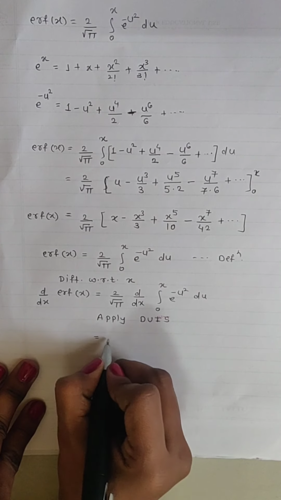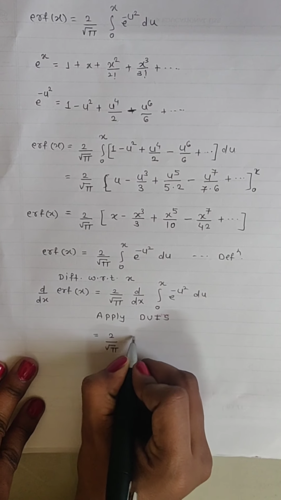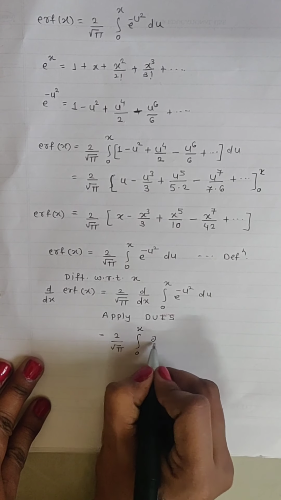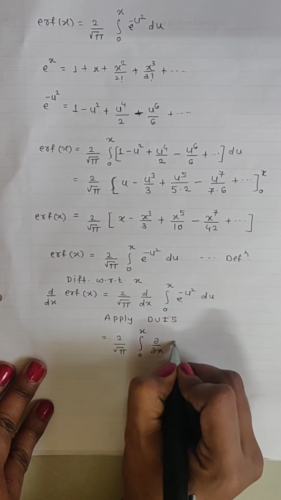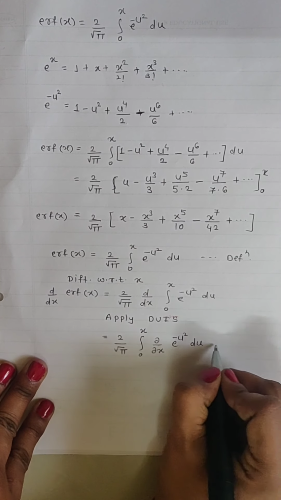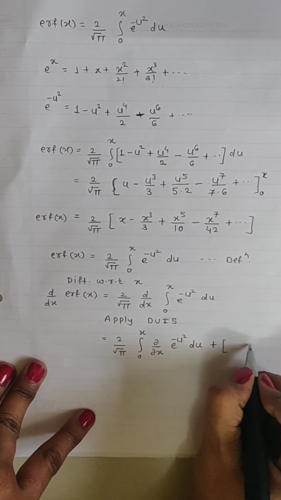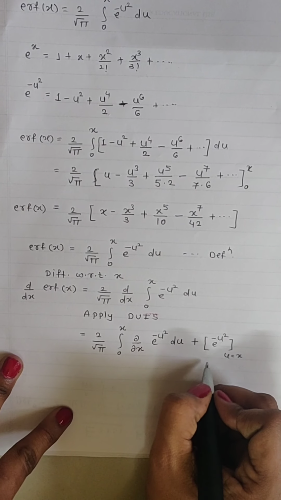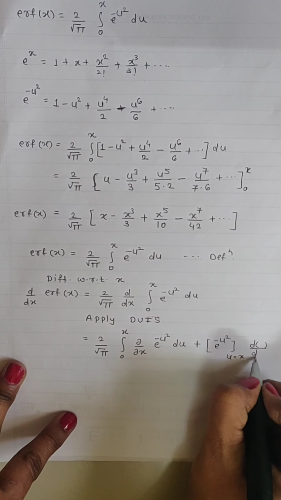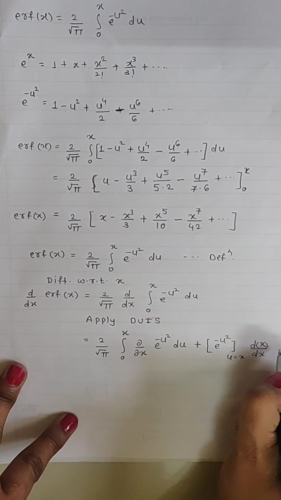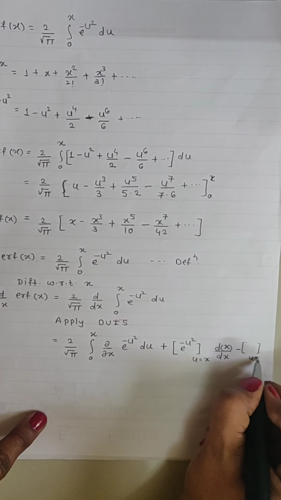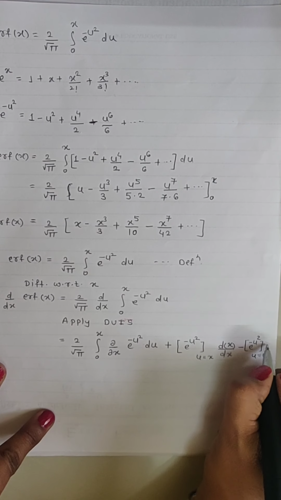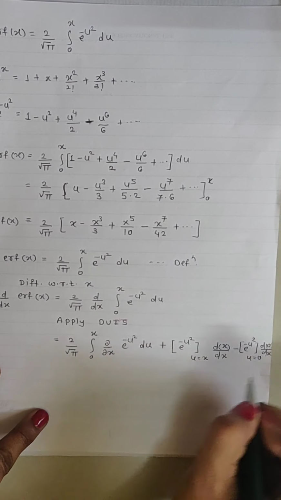According to this rule we can write 2 upon root pi integral 0 to x, where the derivative goes inside the integral and becomes a partial derivative of e raised to minus u square du, plus the function with u replaced by the upper limit, e raised to minus x square, times the derivative of the upper limit with respect to x, minus the function with u replaced by the lower limit times the derivative of the lower limit with respect to x.